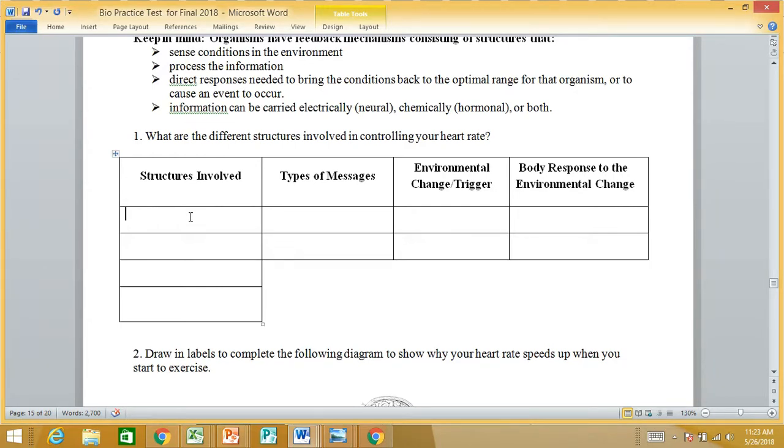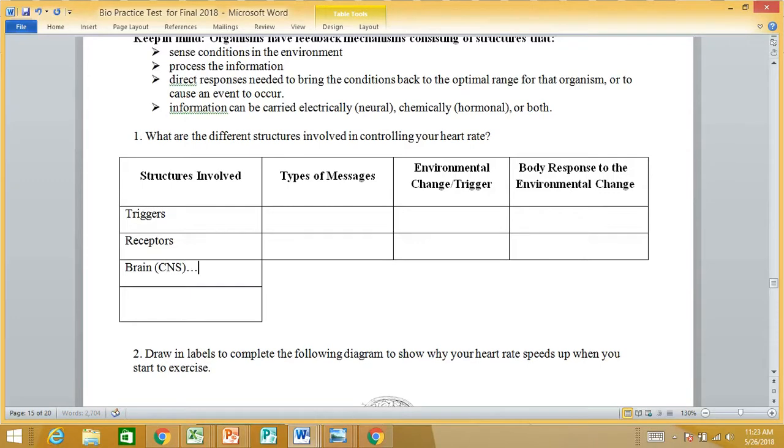First, we know there are triggers involved, right? There's something that triggers the event to happen. When the trigger happens, there are receptors in the body just waiting. They're nervous system cells, basically, and they're like, ooh, what's going on? They're ready to receive that message. And then they're going to deliver that message to the brain through the central nervous system.